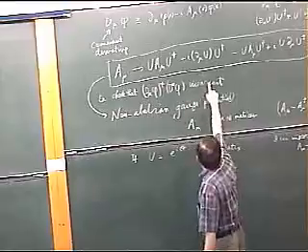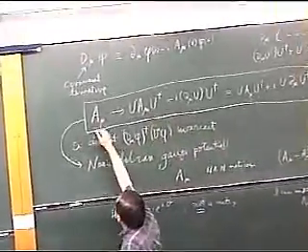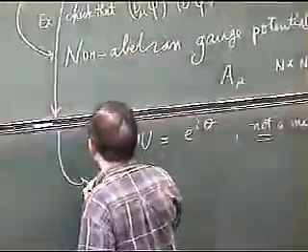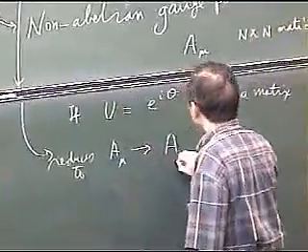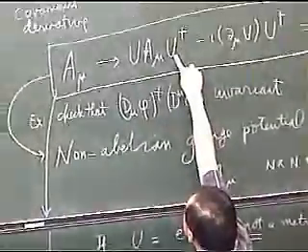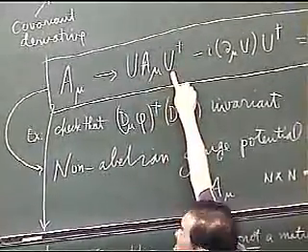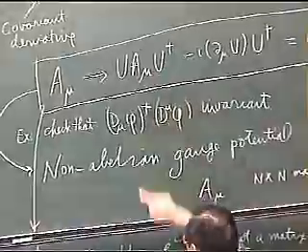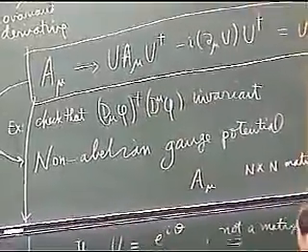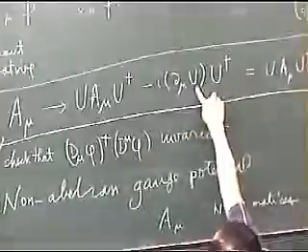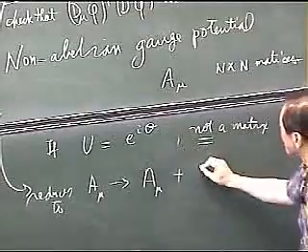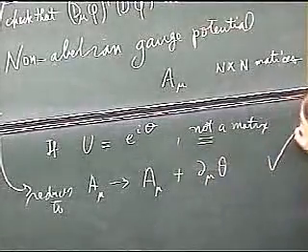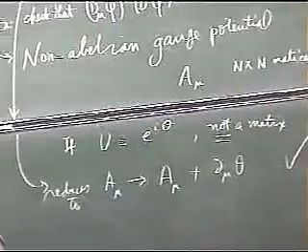Well, you can see that from here, this box reduces to A mu goes into A mu. This first term, this is e to the I theta and this is the complex conjugate, and they're just numbers, so it just cancels out. Now the second one, this d mu U just becomes I times d mu theta, so it just becomes d mu theta. So this is a check.